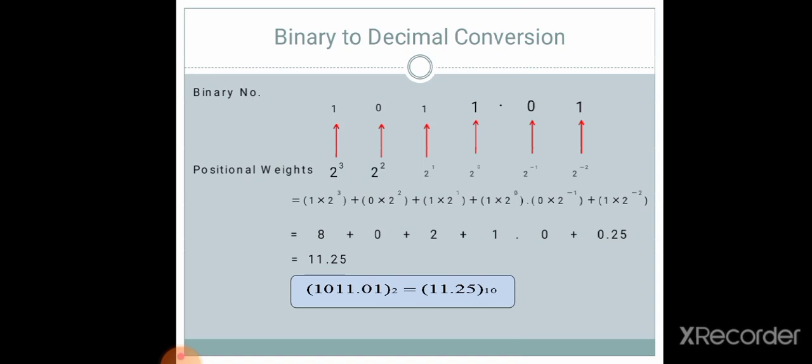Then 2 raised to minus 2 is 0.25. So after addition of all numbers, we'll get 11.25. So the decimal equivalent for 1011.01 to the base 2 is equal to 11.25 to the base 10. So this is the procedure for binary to decimal conversion.